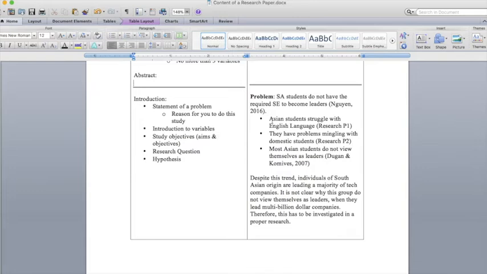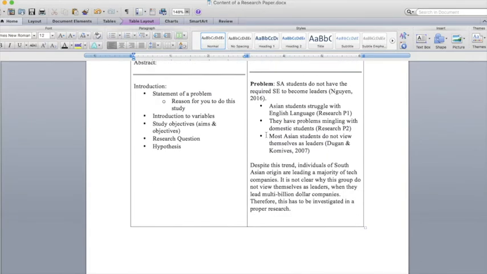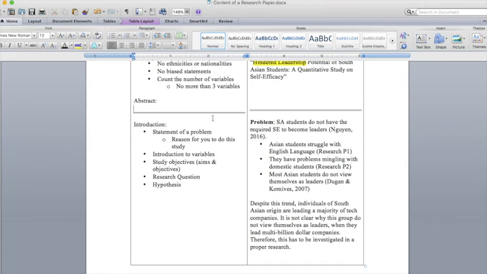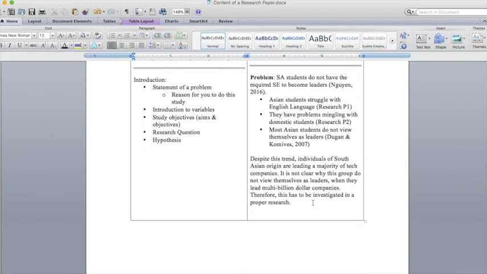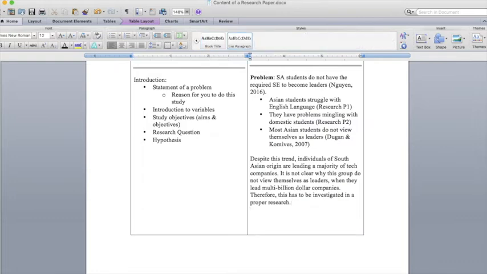Now the next thing that you need to do is to introduce your variables. This is just the introduction section, so you explain the problem, and then you probably should start a new paragraph and say introduction to variables.